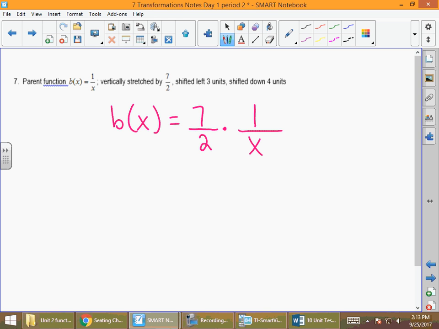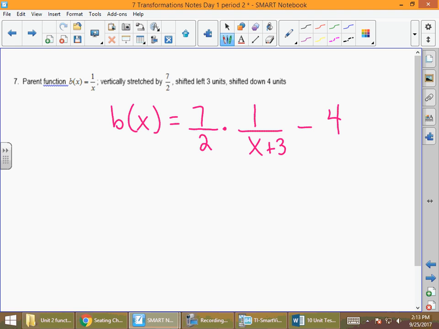But we're shifting left 3 spaces. That needs to be inside our function. And when it's inside the function, we're going to be adding 3 to our x. And then finally, we're shifting down 4. Down 4 is outside of the function, so it's minus 4.